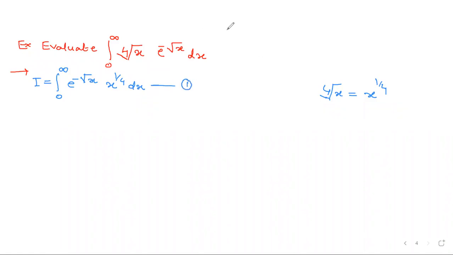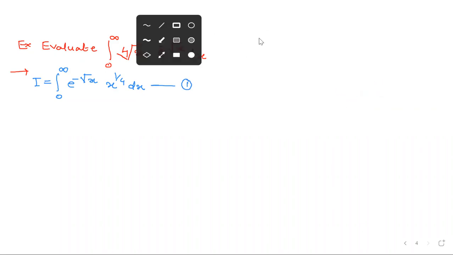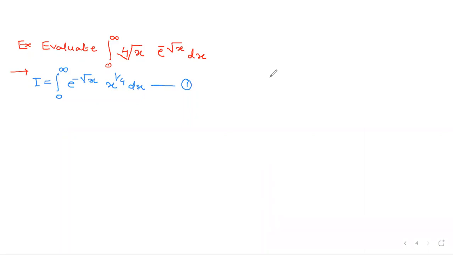So again see the same substitution, because e raised to minus t हमें मिलना चाहिए. तो definition of gamma function, 0 to infinity e raised to minus t, t raised to n minus 1 dt. This is gamma function of n. So compare these exponential terms. The first exponential term is here e raised to minus root x, and here is e raised to minus t. What will be substitution?